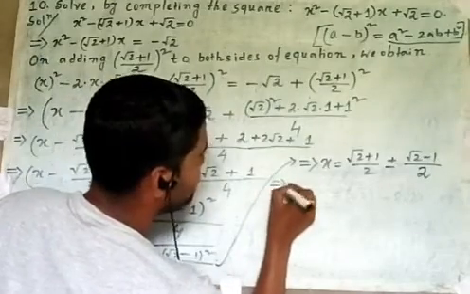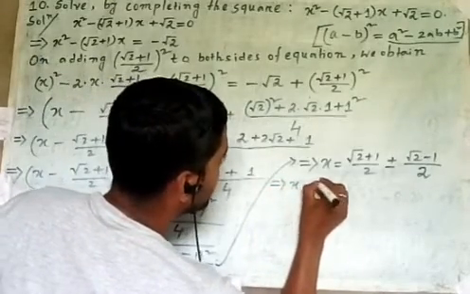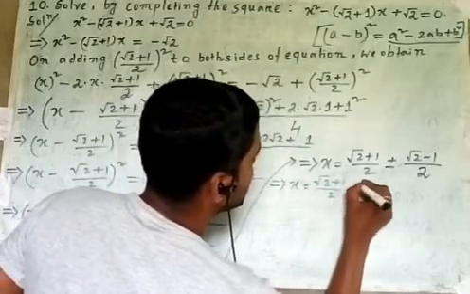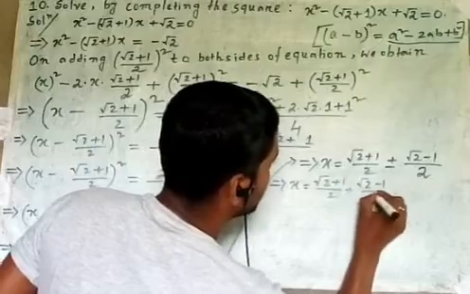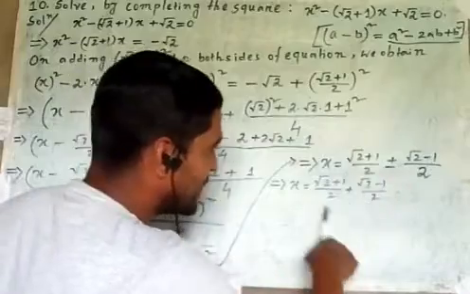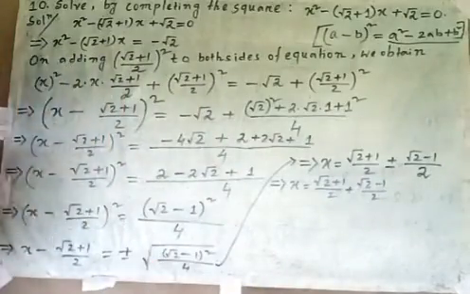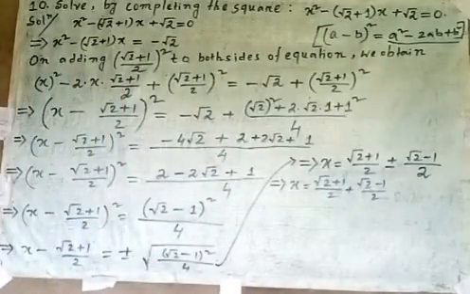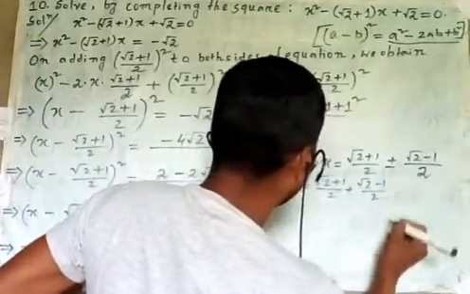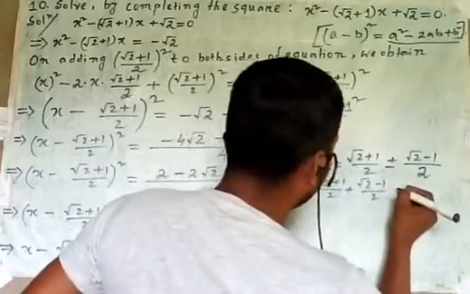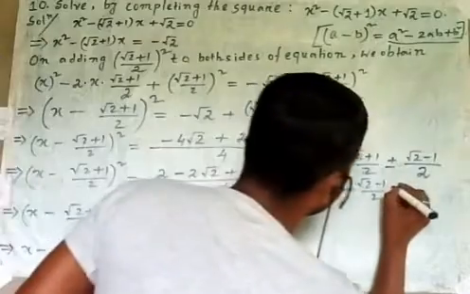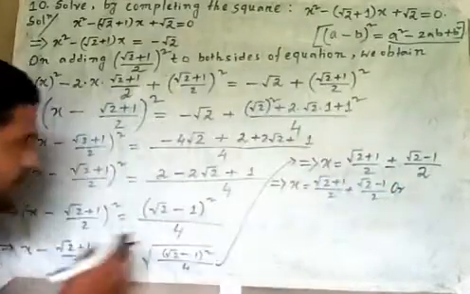This implies x equal to root 2 plus 1 by 2 plus root 2 minus 1 by 2. Once we have to do plus, then again we have to do minus also, because the symbol is plus minus. Or now we have to do what?